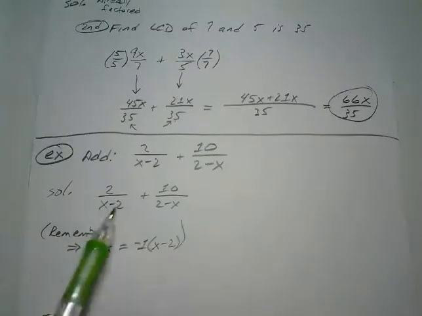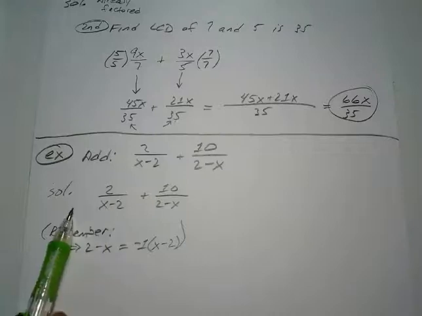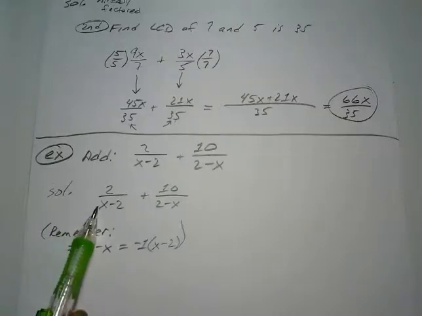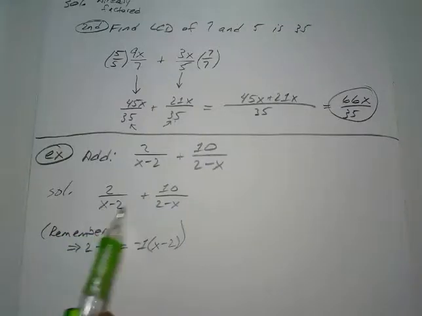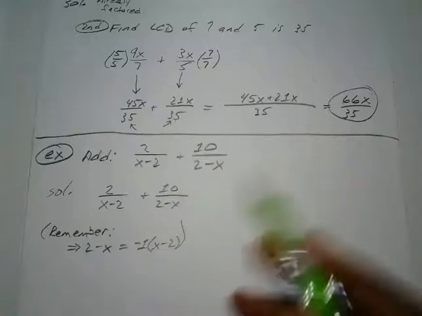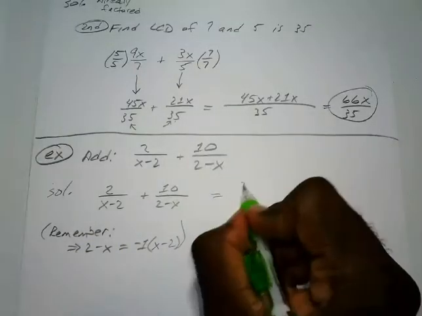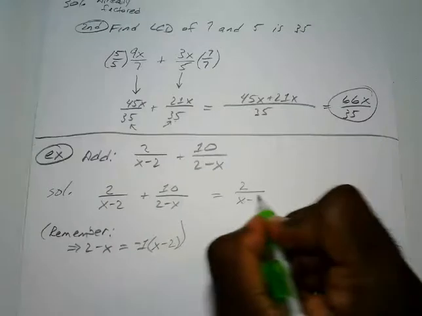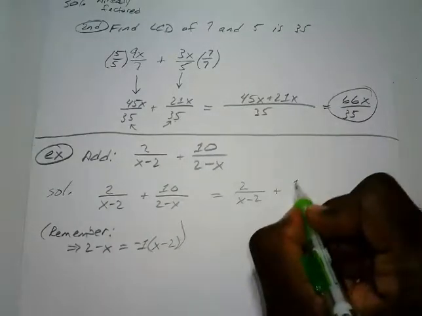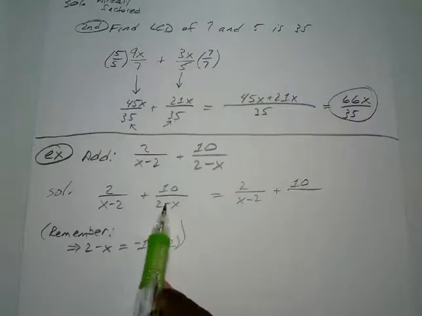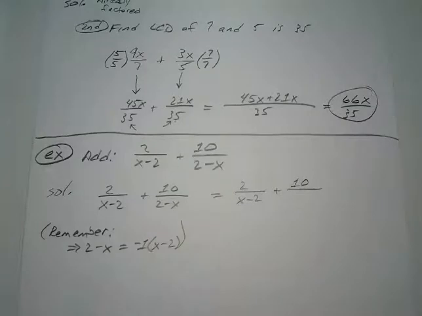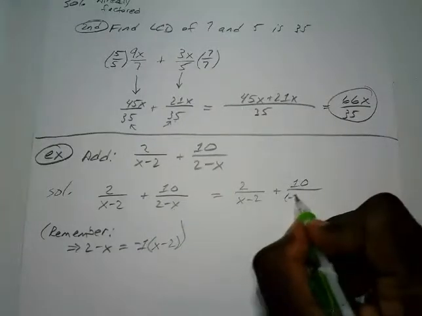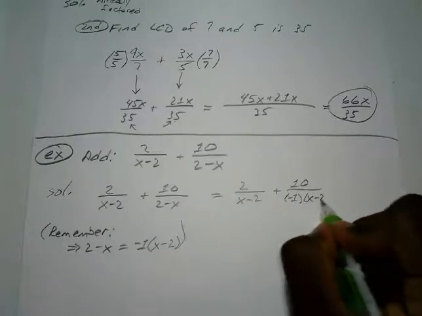Or you can do the same thing with x minus 2. If you factor out a negative 1, you can have a negative 1 times 2 minus x to match it that way. So that's going to equal 2 over x minus 2 plus 10 over, and our 2 minus x, we can make that negative 1 times x minus 2.